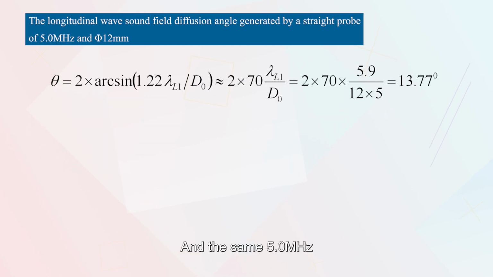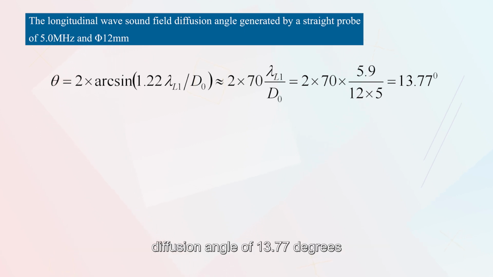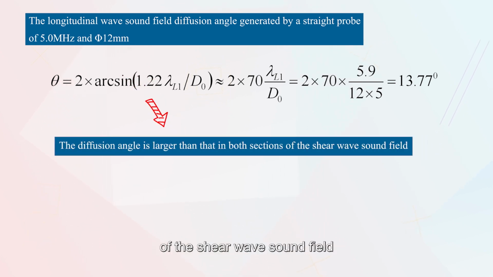And the same 5.0 MHz phi 12 mm straight probe produces a longitudinal wave sound field diffusion angle of 13.77 degrees. Compared with the two sections of the shear wave sound field, the diffusion angles of 11.2 and 7.536 degrees are smaller.